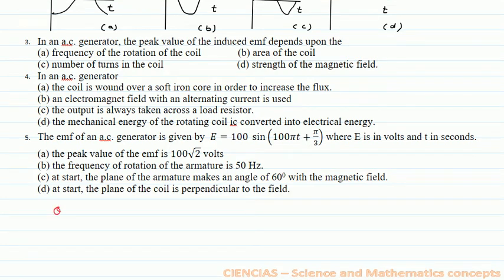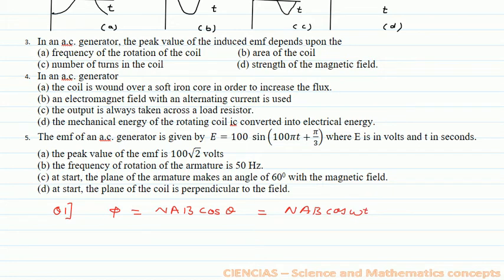Question number 1. Now we know that flux is equal to NAB cos theta, or we can even say this is NAB cos omega t.